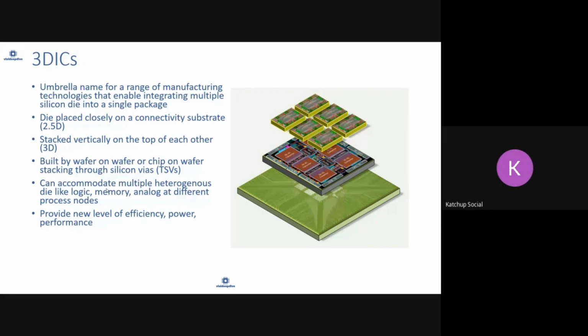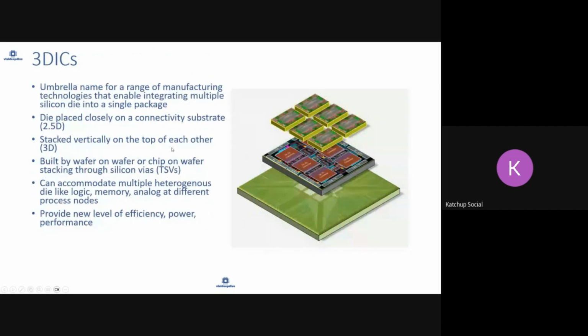It can accommodate, and this is a key part, multiple heterogeneous dies like logic, memories, analog. These parts can be in different process nodes. Because of this, it enables a new level of efficiency, power, and performance, which we are not getting just by taking every part of an SoC to a lower node.